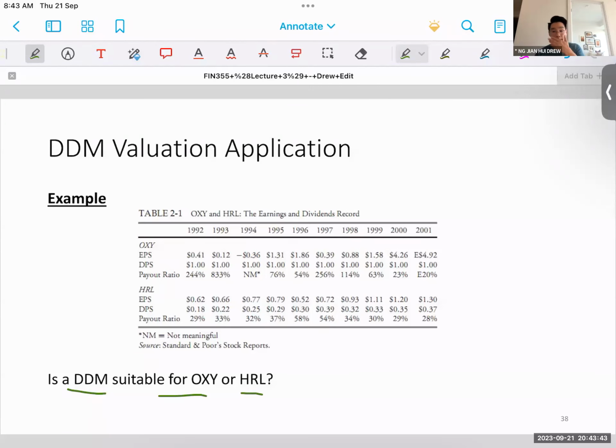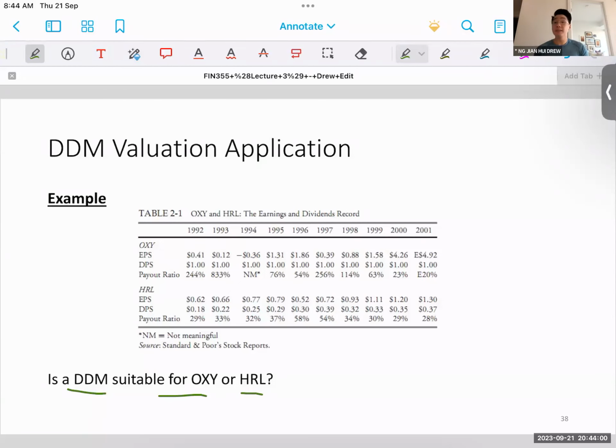So DDM is not suitable in the case of BlackRock. If you are an analyst at BlackRock looking at investing in Tesla, generally DDM is not a model that they will use.